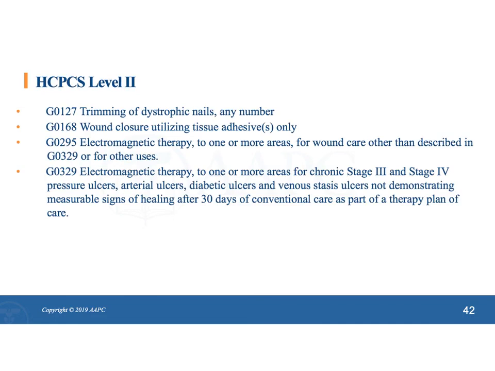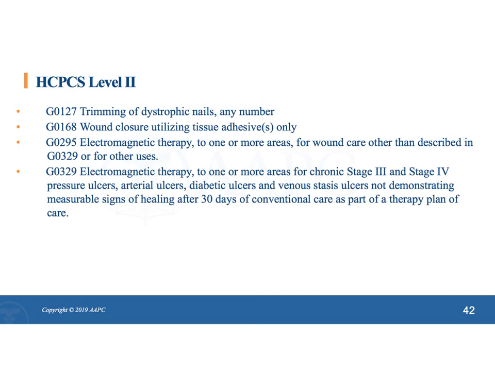Now we jump over to the HCPCS Level 2 code book, and we have a look at some codes that you might run into that relate to the integumentary system. First, you've got G0127, which is trimming of dystrophic nails, any number.